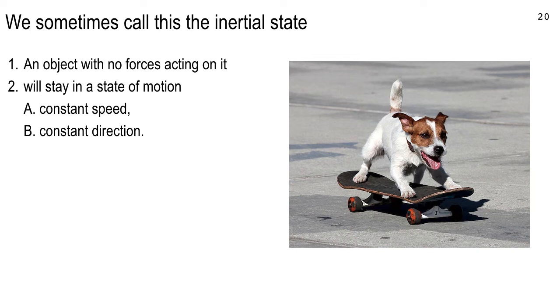If you have no forces, like out in space, far, far away, or if you have balanced forces, like this clicker sitting on the tabletop up here. See this clicker right here? There are forces on it, but it's not moving anywhere. It's at rest.